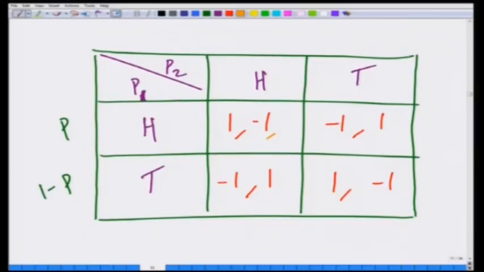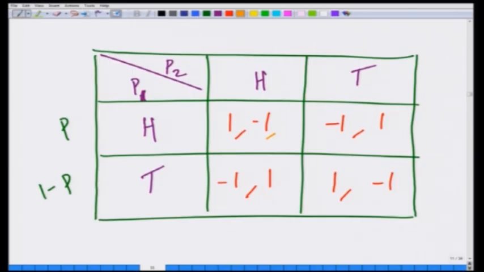We are assuming that player 1 chooses heads with probability p and tails with probability 1 minus p, and if player 2 is always choosing heads, then with probability p he encounters player 1 playing heads. So with probability p his payoff is minus 1. With probability 1 minus p he encounters player 1 playing tails, in which case his payoff is 1.